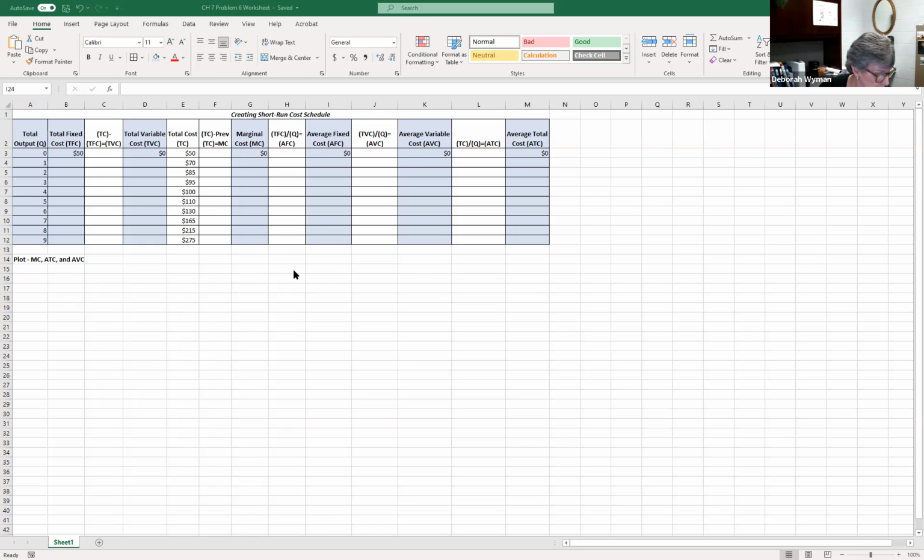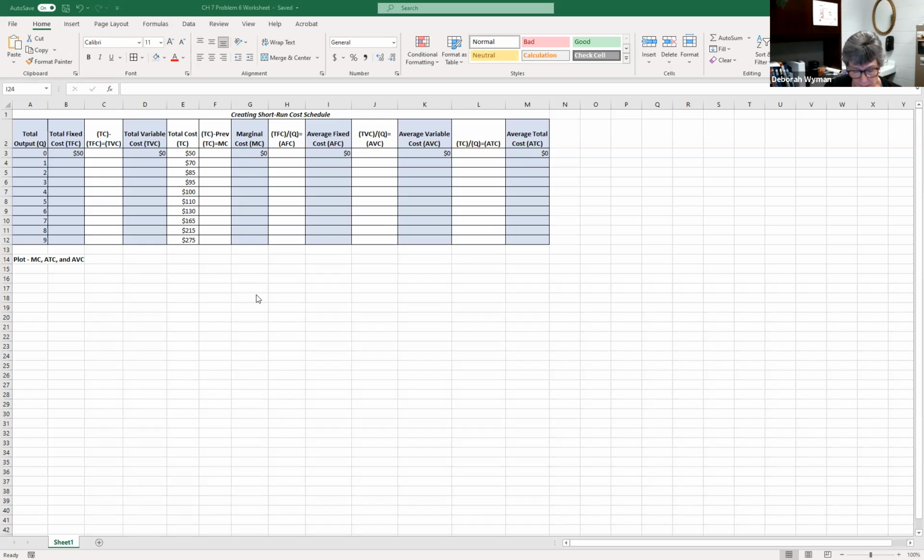This is a study problem. We have total fixed cost of $50 and our total costs are here, 50 through 275. And we have total output quantity, Q is quantity, and you see the acronyms here. TFC is total fixed cost, TVC, total variable cost, etc. So you know what these acronyms mean.